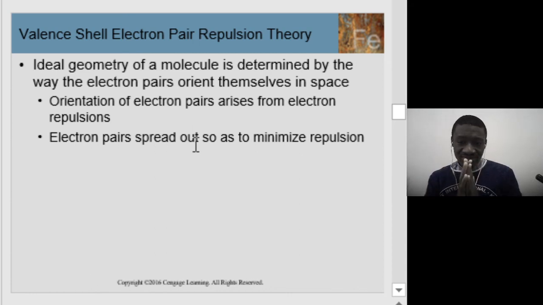So ideal geometry of molecules is determined by the way the electron pairs orient themselves in space. Orientation of electron pairs arises from electron repulsion. Electron pairs spread out so as to minimize repulsion.